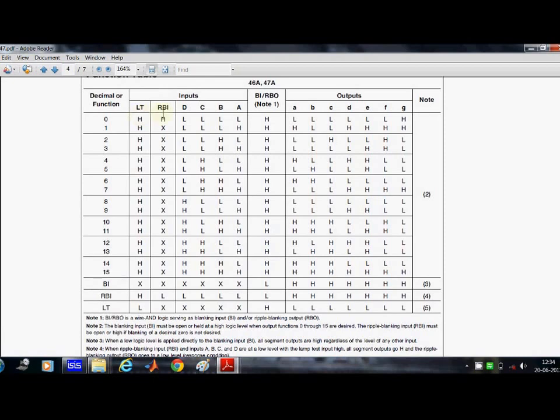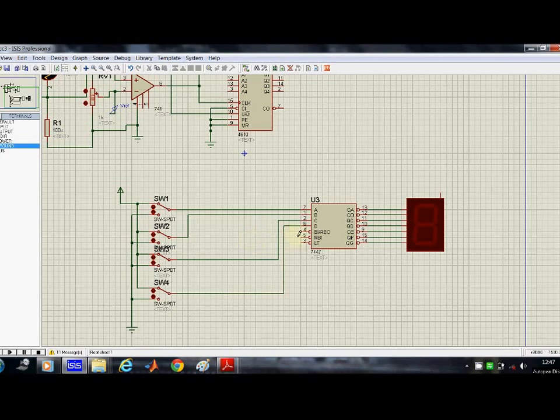That means all others we will give as high. As discussed, I'll give the lamp test, the blanking input or ripple blanking output, and the ripple blanking input a high. So, going back to Proteus, I'll give them a high signal, that is, I will connect them to the power.